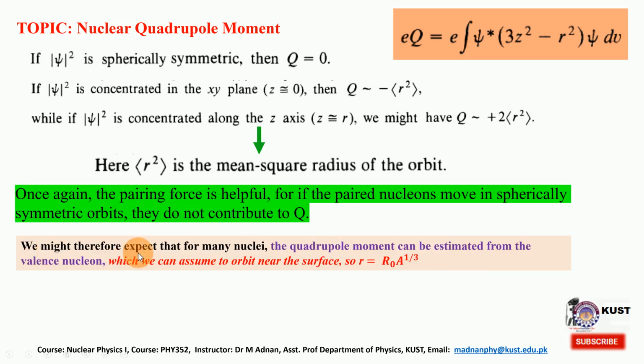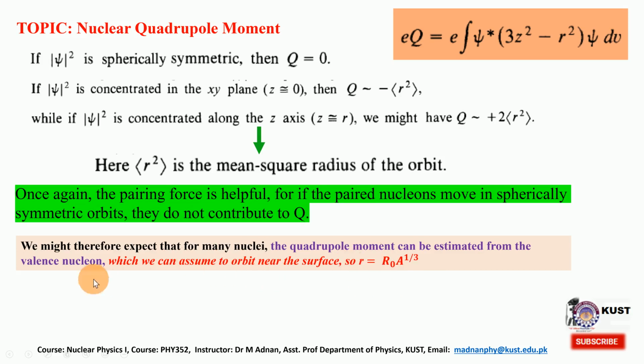We might therefore expect that for many nuclei, the quadrupole moments can be estimated from the valence nucleons. As I told you, this is not always the case, but they can be assumed to orbit near the surface, so that r is equal to r naught A to the power 1/3. This is the size, or we can say the radius, of the nucleus.